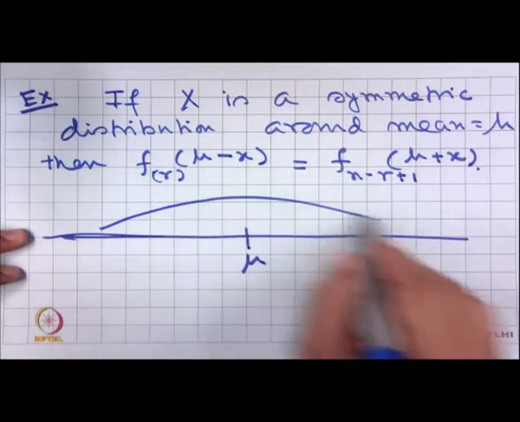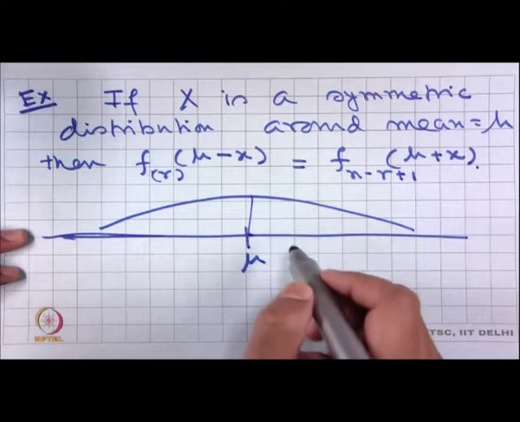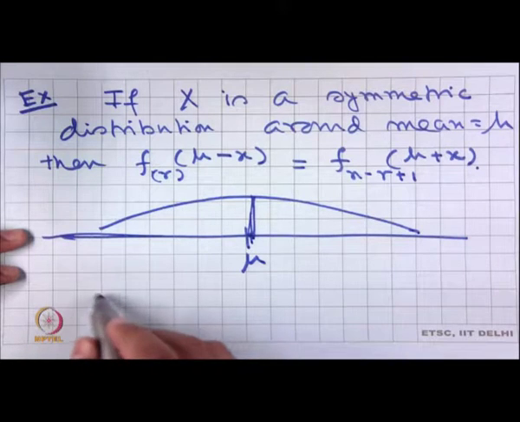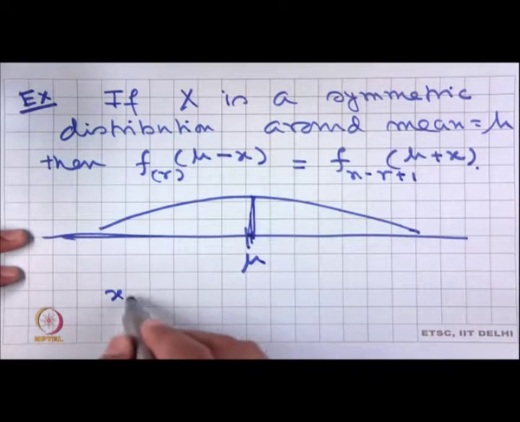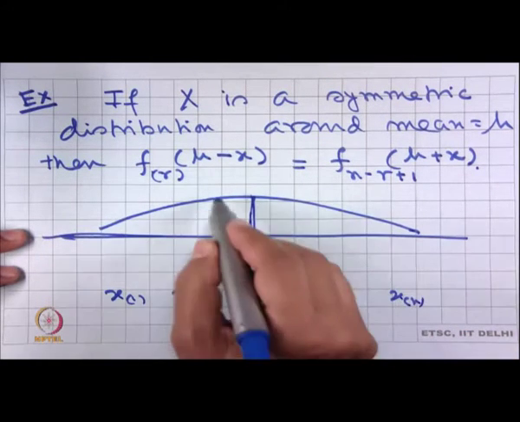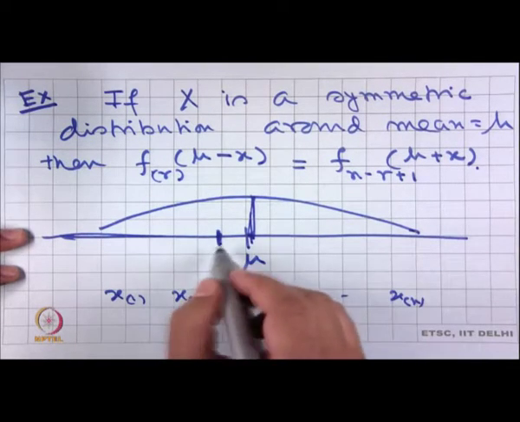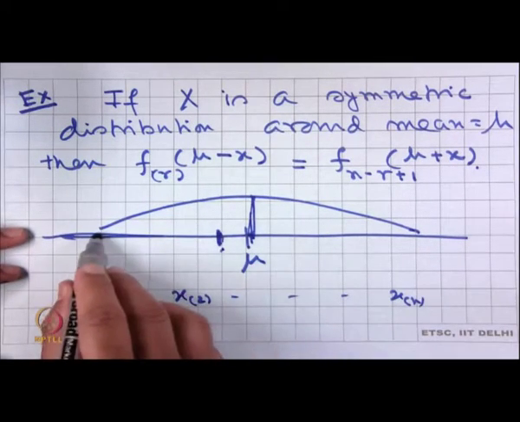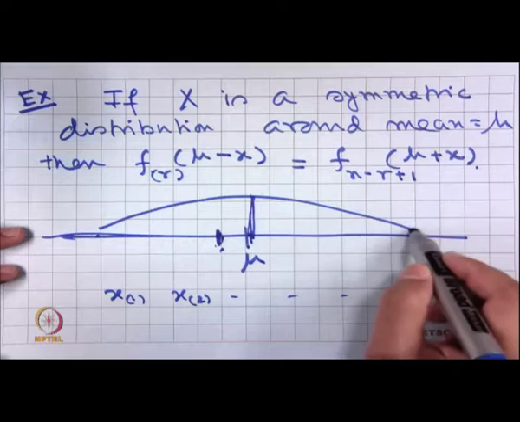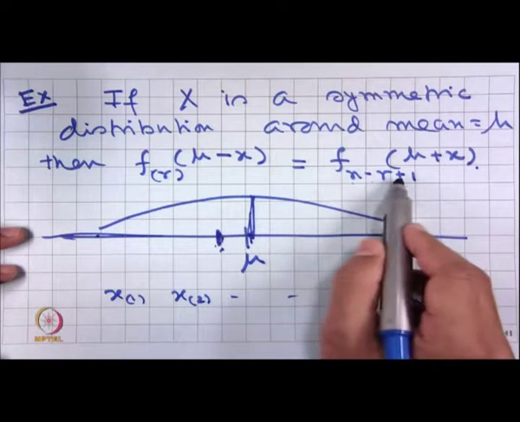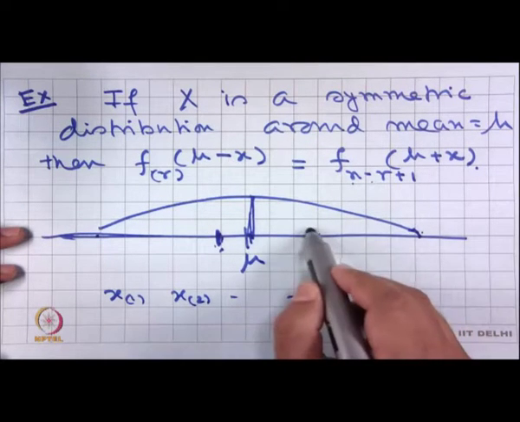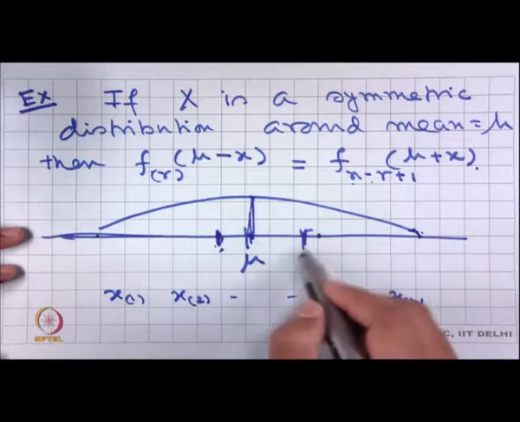So, let us assume some arbitrary PDF, and suppose we have taken n samples, x1, let me order them, x2, ..., xn. So, the PDF of the rth order statistic from the beginning at mu minus x will be the same as the (n minus r plus 1)th statistic, or the rth order statistic from this side, at mu plus x.